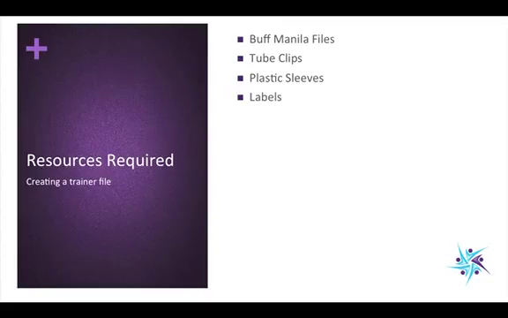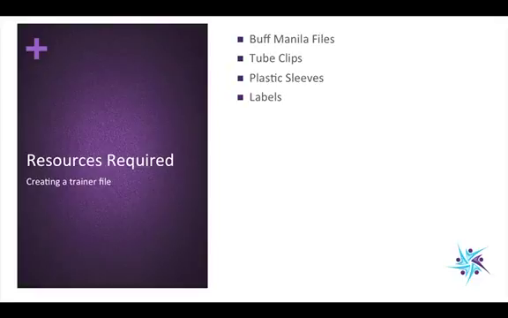Okay, staff files. The best way we find to set up a staff file is to get a manila file. You can use buff, you can use colours. I've done it where I've had one colour for admin staff and one colour for training staff. It just makes it easier when you're pulling out the files, so you know the difference between the different staff. You're going to need some tube clips or clips to clip all the documents into the file.